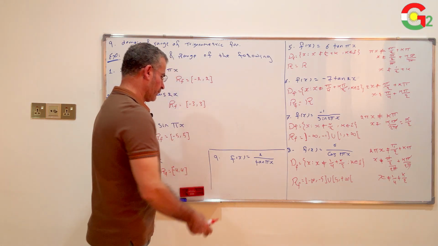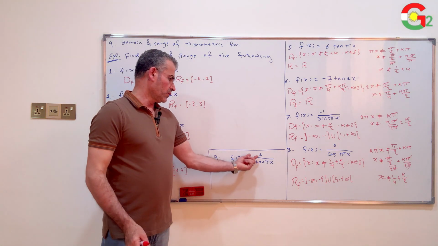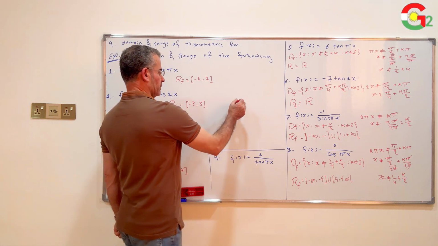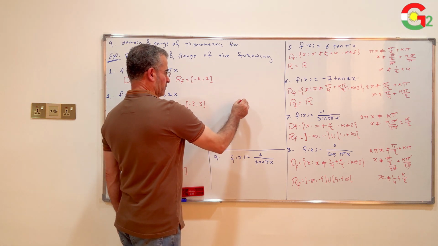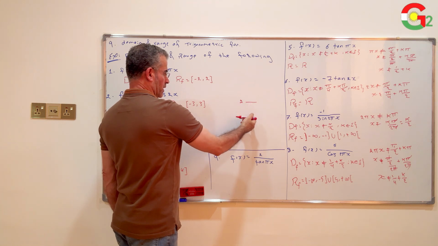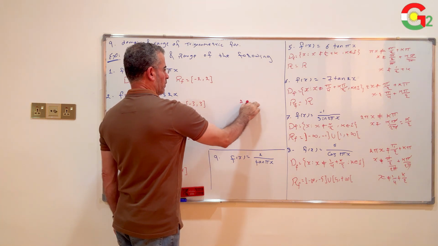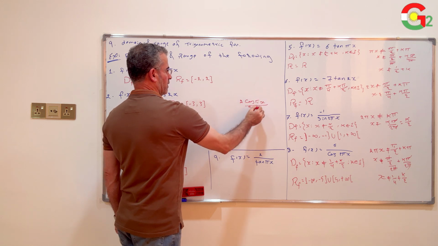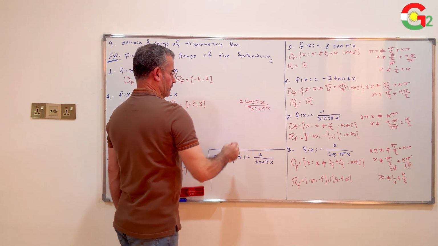Number 9, f of x equal 2 over tan pi x. Tan pi x, we can rewrite this function as 2 over sine over cosine. It will be 2 cosine pi x over sine pi x.